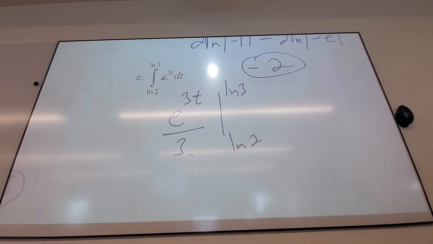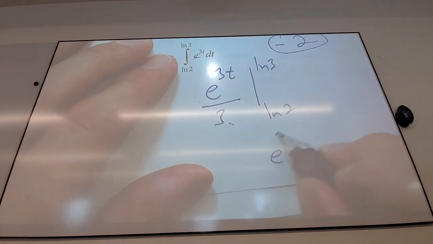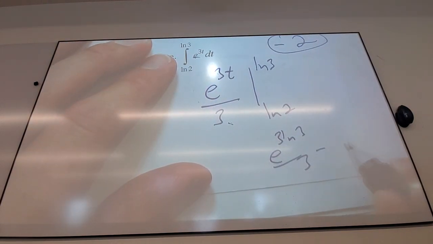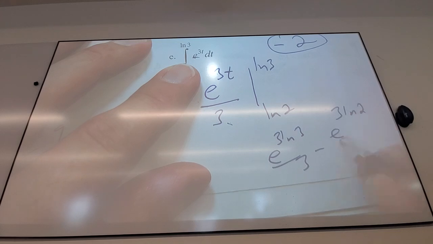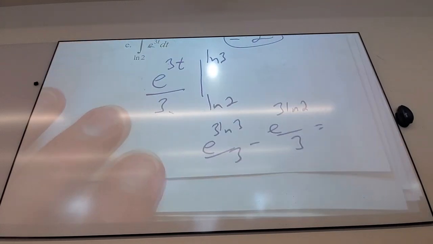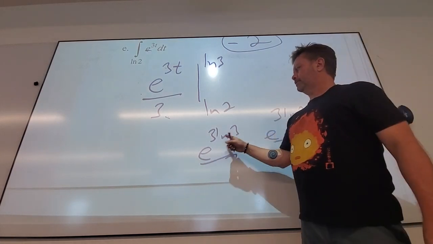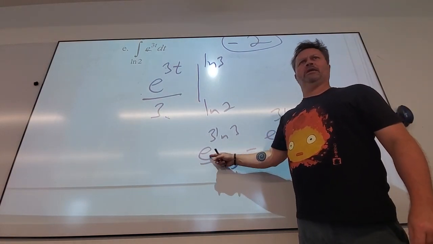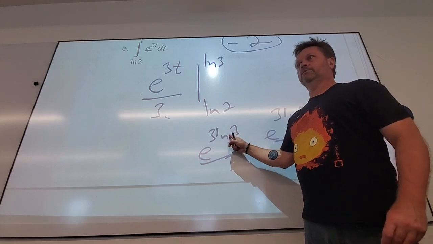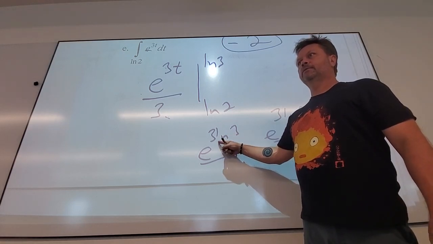So it would be e to the 3 ln 3 over 3 minus e to the 3 ln 2 over 3. Some people will stop there, and that's bad. What do the e and the ln want to do? They want to kill each other, right? But what's in the way?